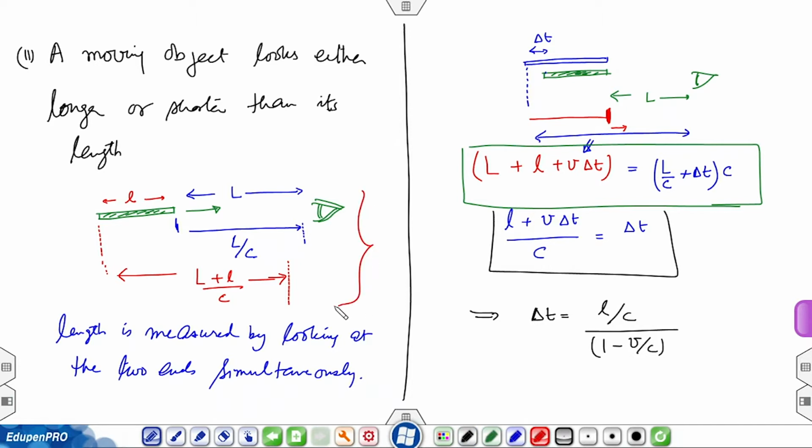I should have been slightly more careful in making this picture, which I made here. Let me explain this a bit. See, when this rod was there and I was looking at it from here, the time taken was L over c if the light left the front end. From the back end, the time would have been (L plus l) over c. So, it was taking longer.